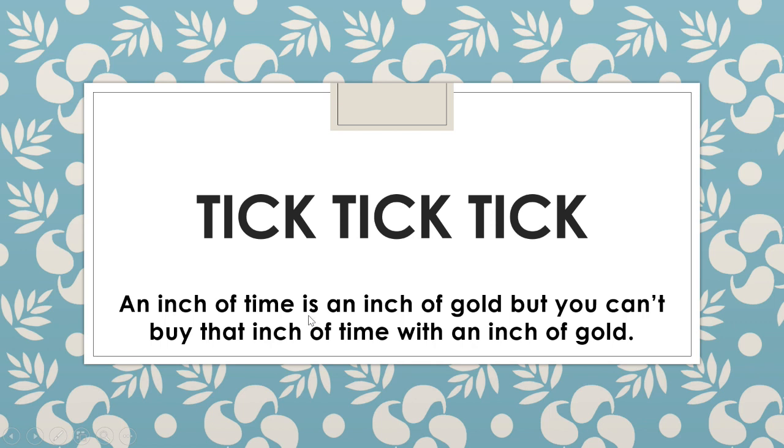It means that the time which is gone by, which has passed, it is as precious as an inch of gold. But the problem is, once it has gone by, you cannot buy that time with an inch of gold.